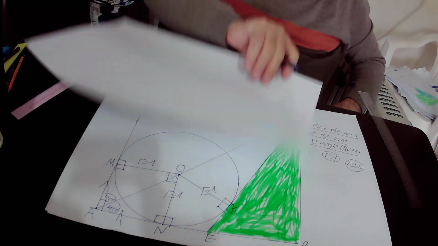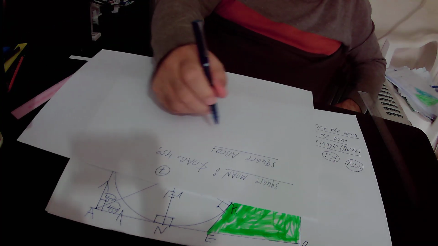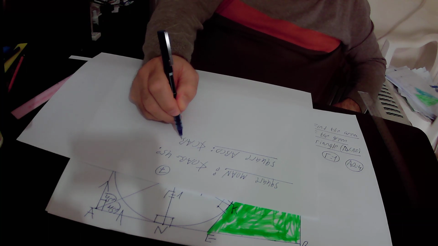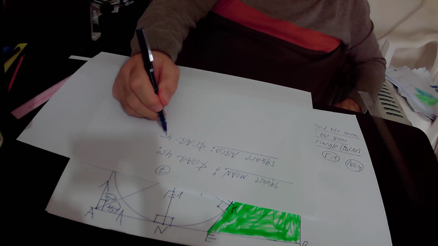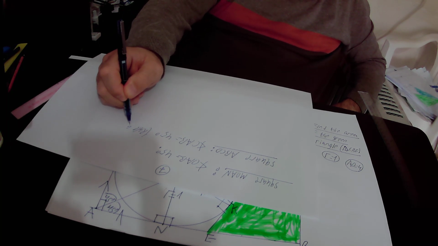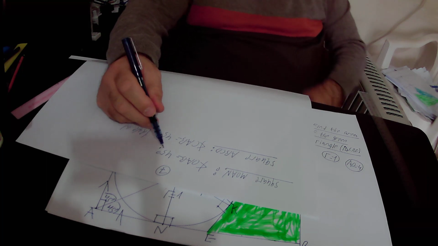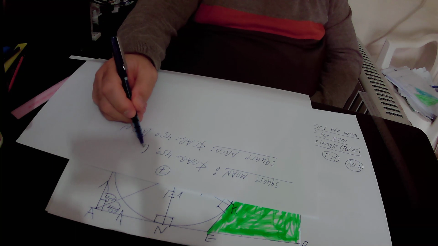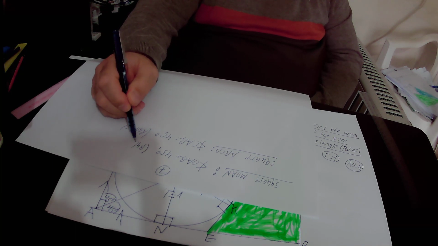So angle CAB equals 45 degrees according to rule number 6. And angle OAB equals 45 degrees also according to rule number 6.